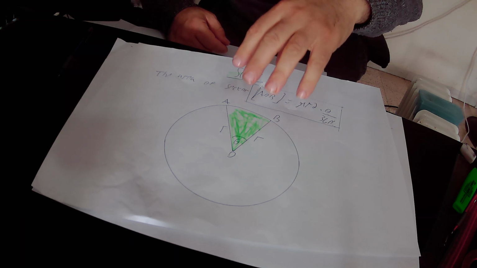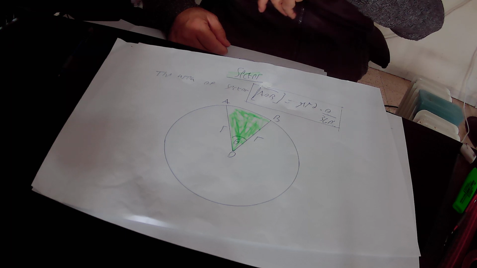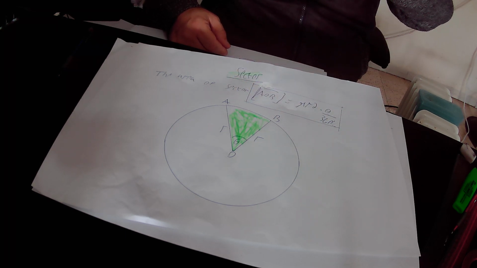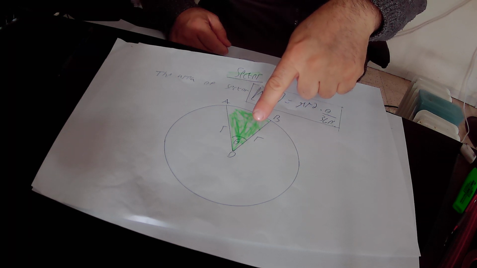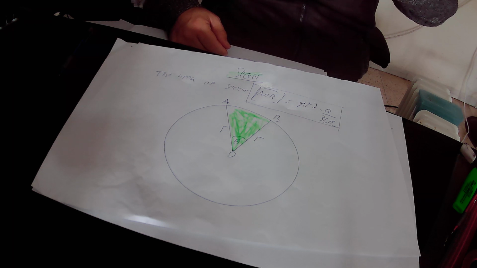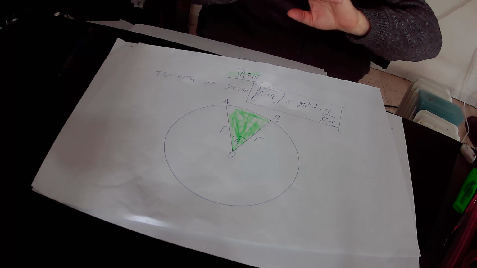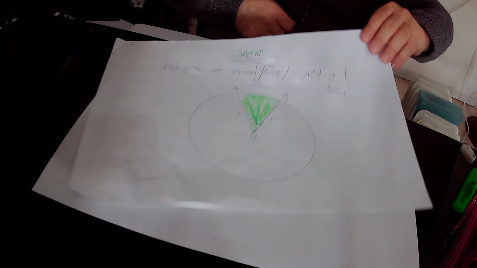So what is the area of this sector AOB? The area of this sector AOB equals the area of the circle, pi r squared, times the angle between the legs, theta over 360 degrees. Repeat again, the area of the green sector AOB equals pi r squared times theta over 360 degrees.